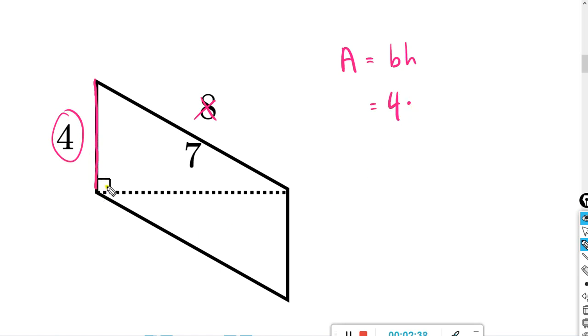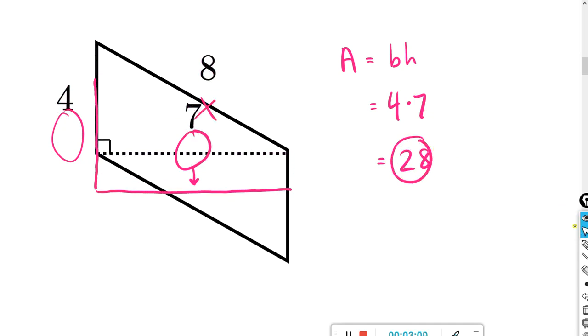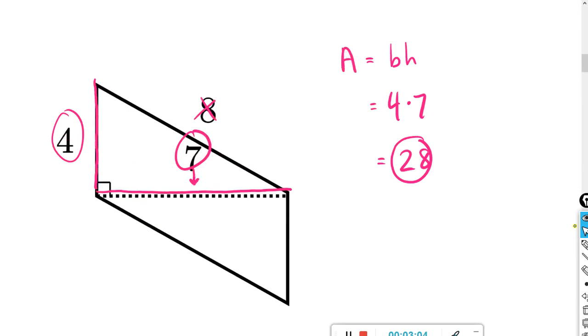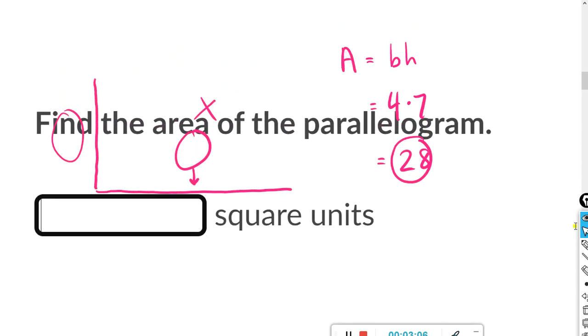For the height, we have to pick the length that's perpendicular. So this right here is going to be the height. That's 7. I don't know why they drew it up there. That's the length of this line right here. And 4 times 7 is just 28. So you put that in the box: click inside the box and just type 28.